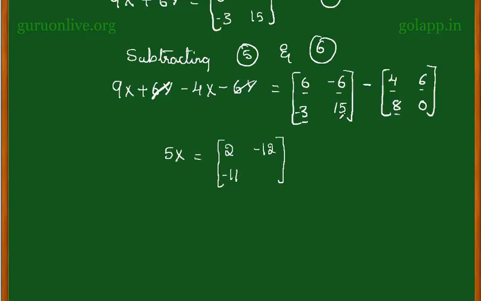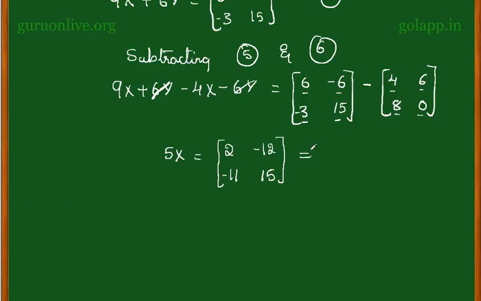And the next element is 15 and the corresponding element is 0. So 15 minus 0 gives you 15. So this is 5x is equal to the matrix.